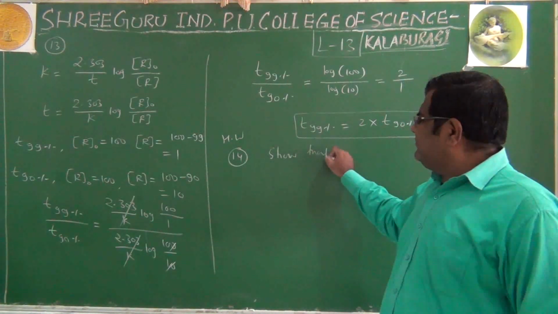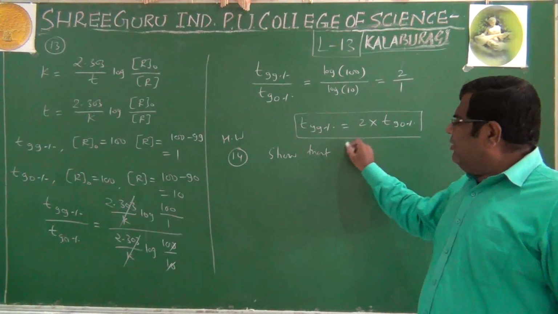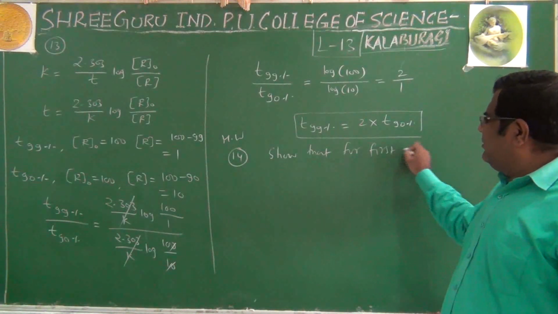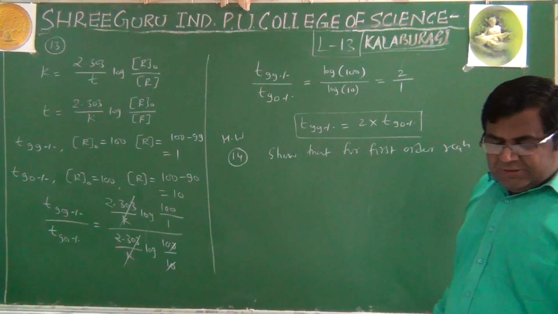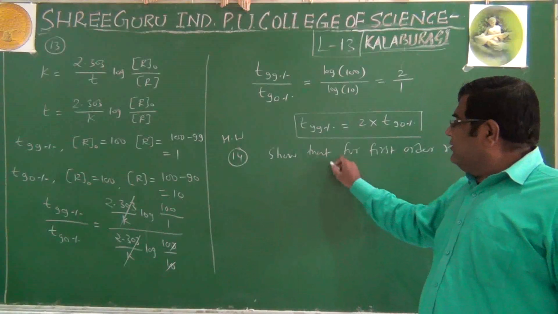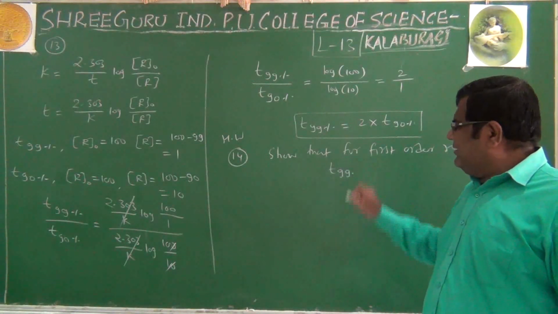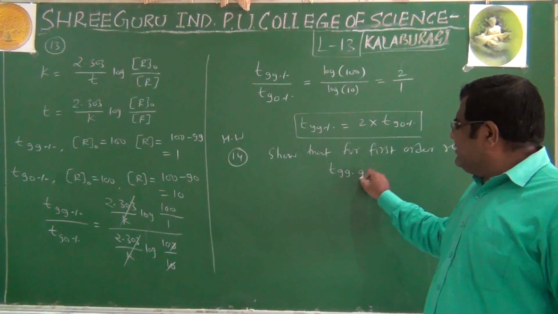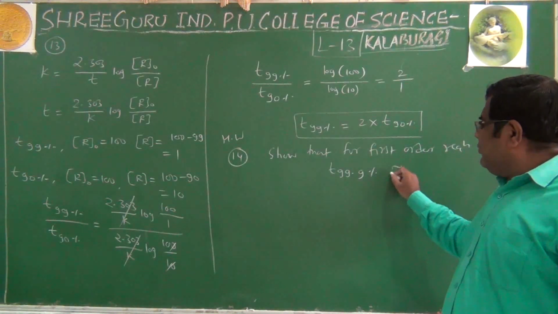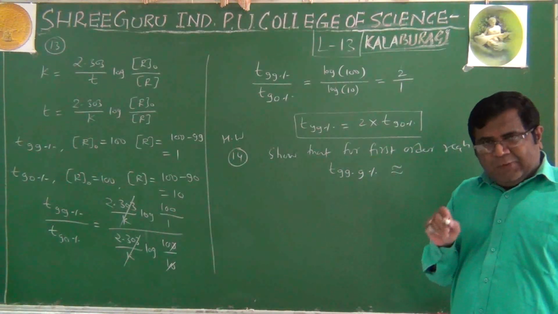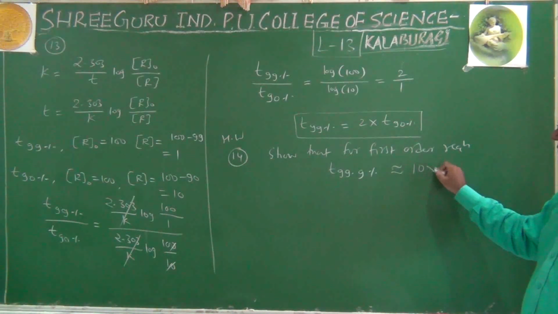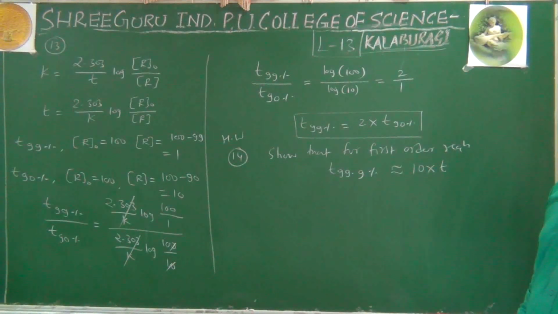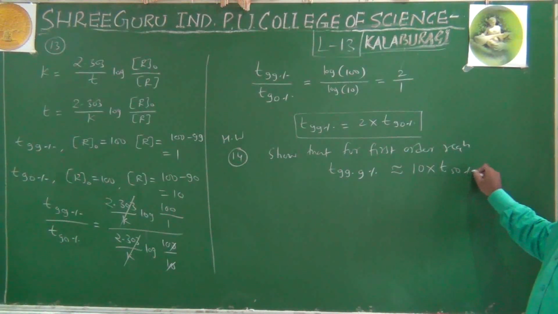Show that for the same first order reaction, t 99.9% is approximately, not exactly, approximately 10 times this t 50%.